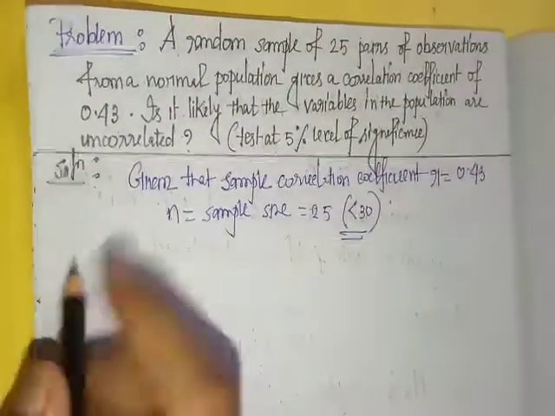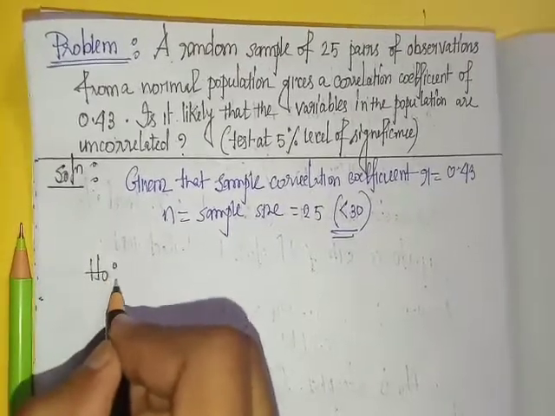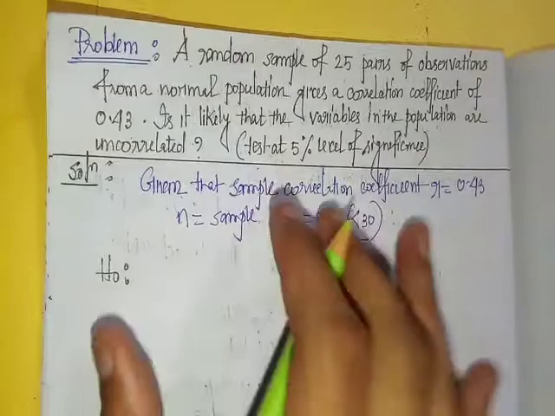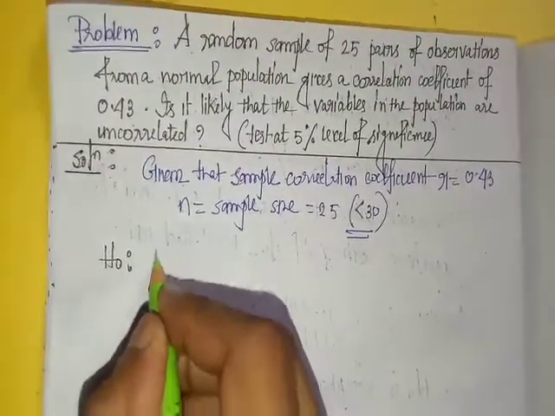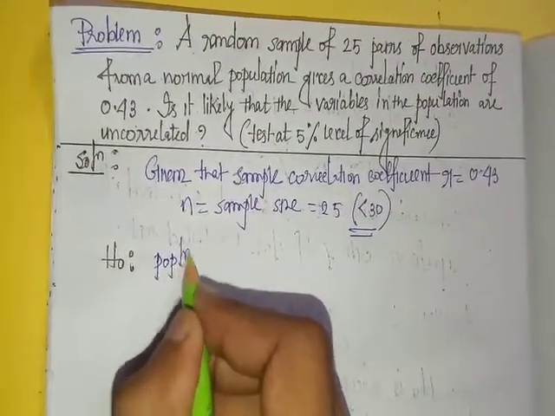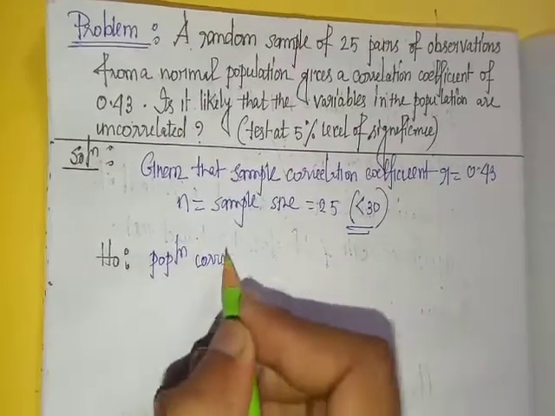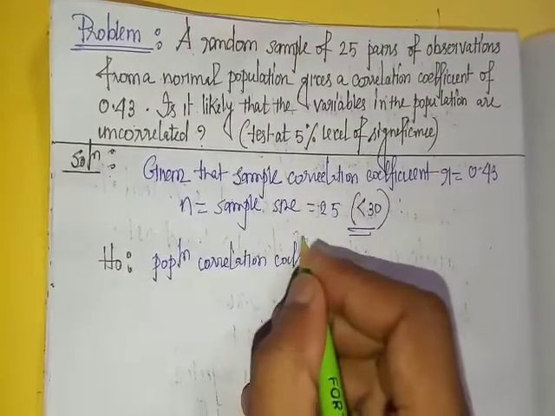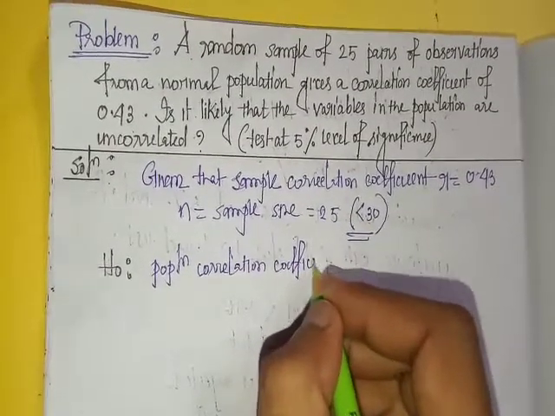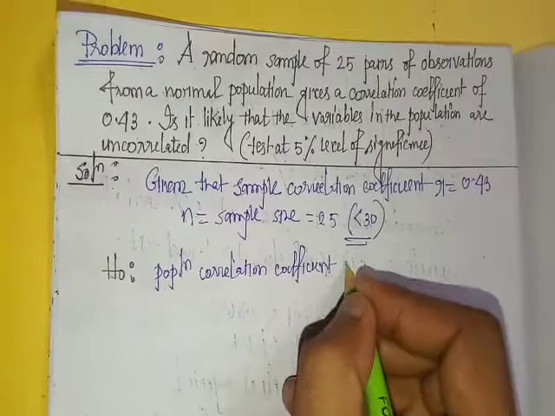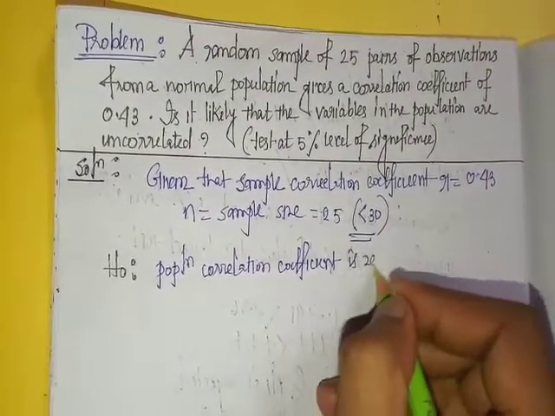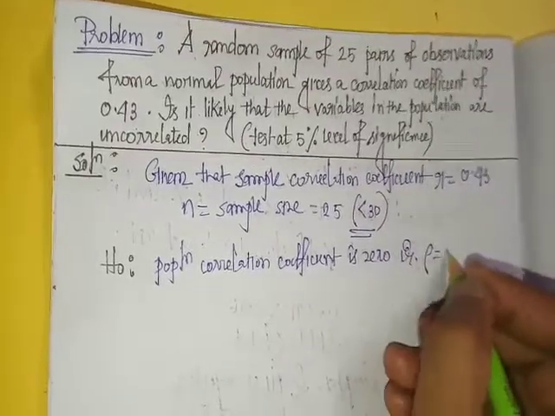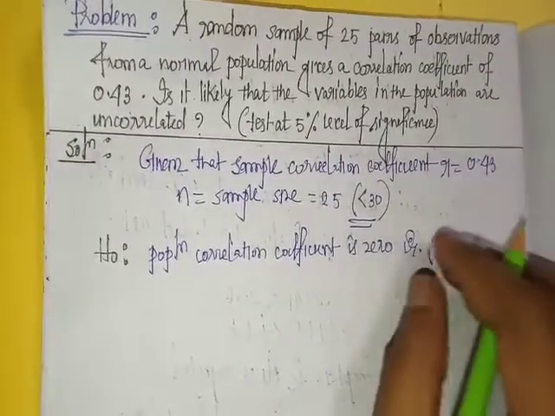Next, the null hypothesis. The null hypothesis is that the population correlation coefficient is 0, that is rho equal to 0.